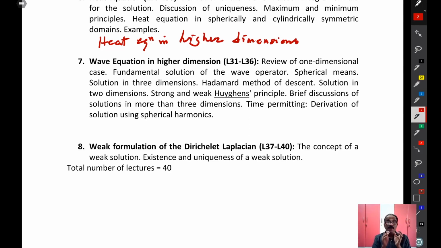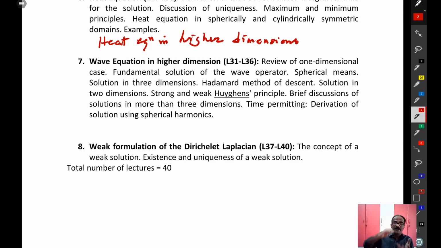You will see one important concept, the strong and weak Huygens principle. The Huygens principle is very, very important: it describes how the solution depends on the boundary, and that is not true in every dimension. So you will see the strong Huygens principle in 3 dimensions. The interesting aspect is that this is true for every odd dimension.